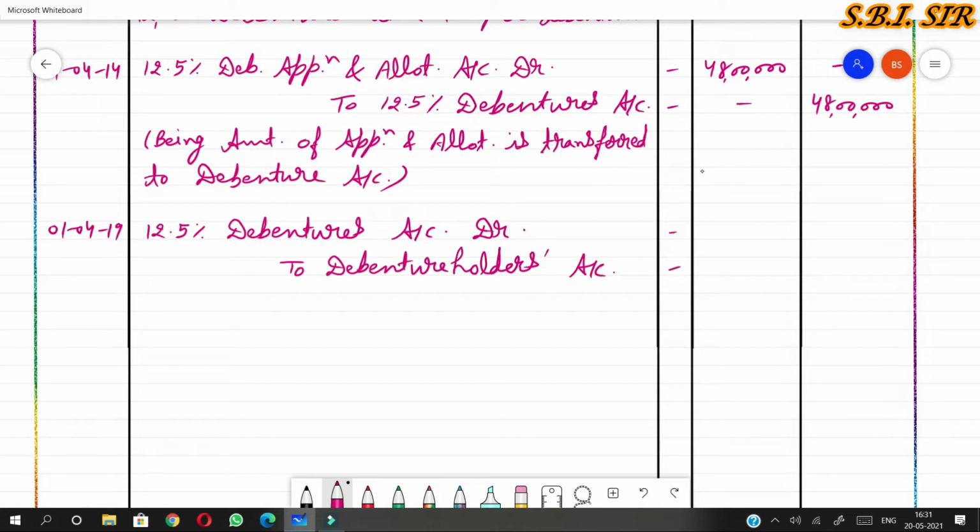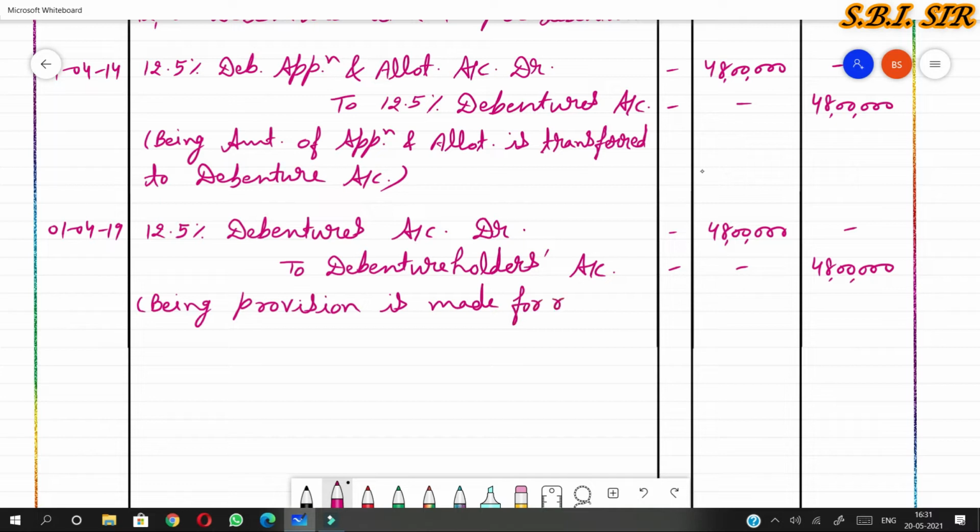The amount will be 48 lakh. Then narration being: provision is made for redemption of debentures.